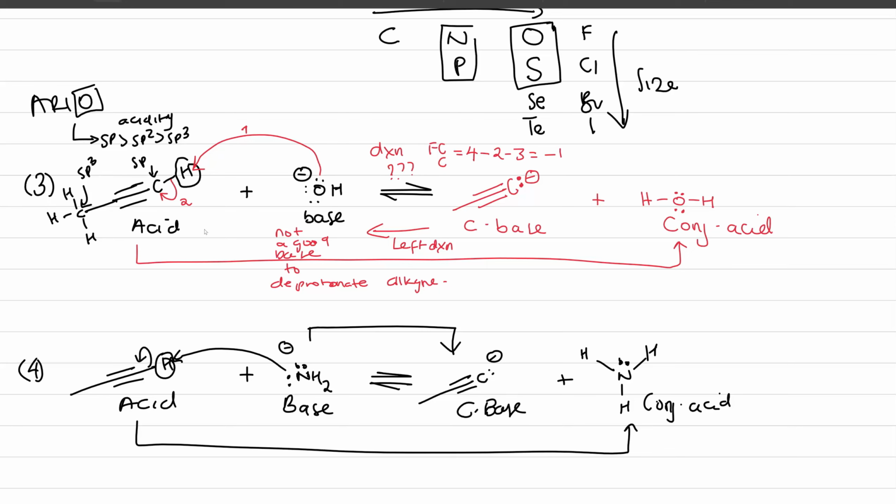Look, it has a lone pair. What does that tell you? It has something to give. As a base, does this one have a lone pair? No. So here, electronegativity is failing because hybridization is kicking in.